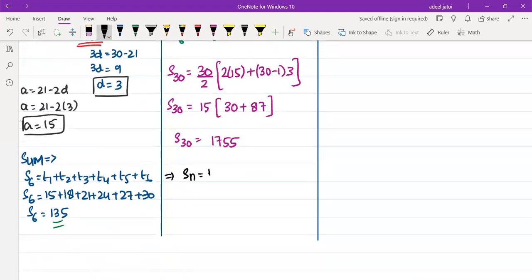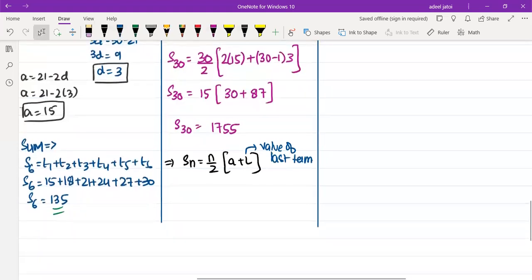Okay, there is another formula for the sum. That is Sn is equal to n upon 2 times (a plus L). And this is only applied when you have the value of the last term. Let's say the sum of 6 terms.